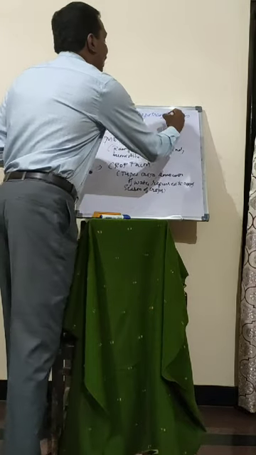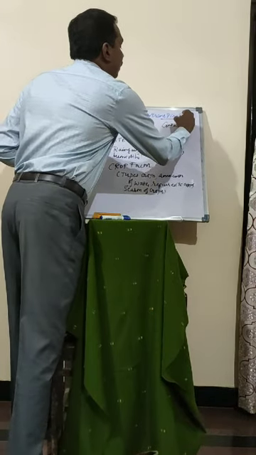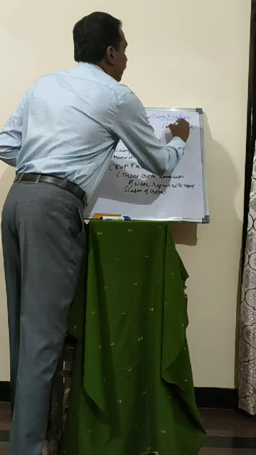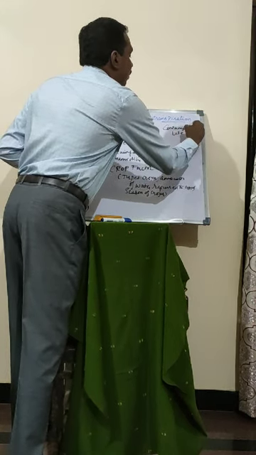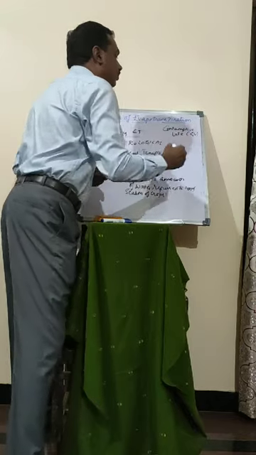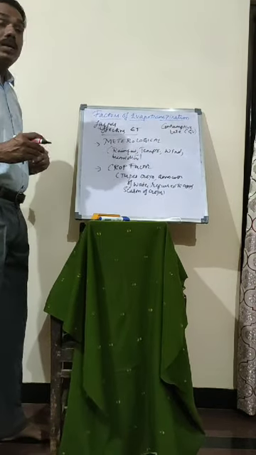It is also called consumptive use, which is given as CU. That is the crop factor.